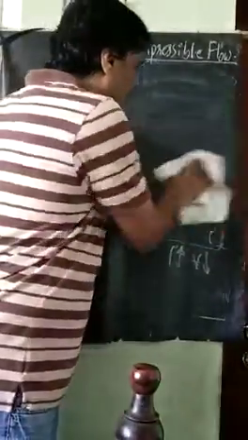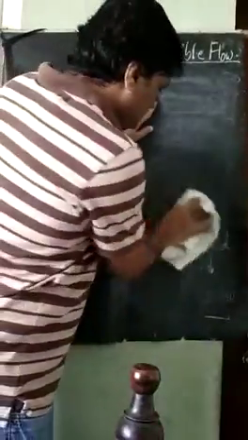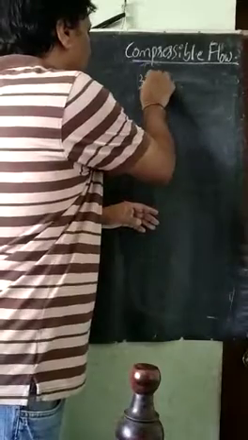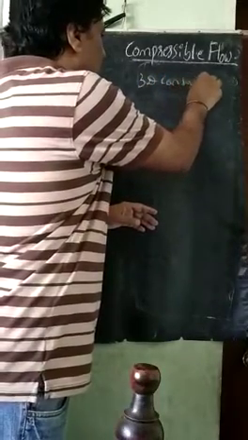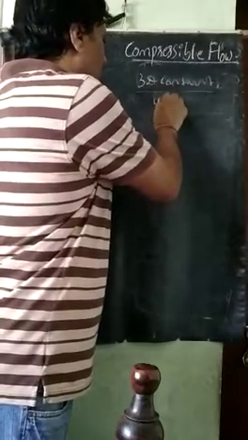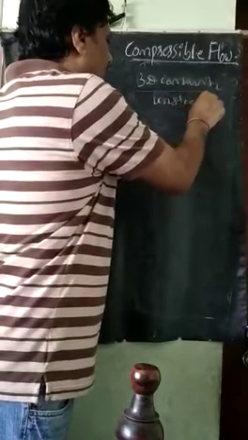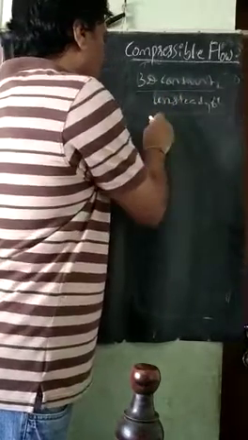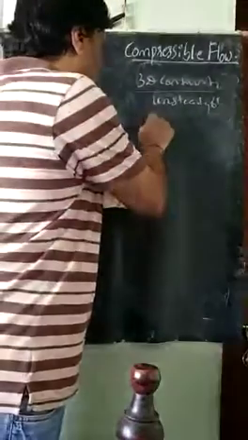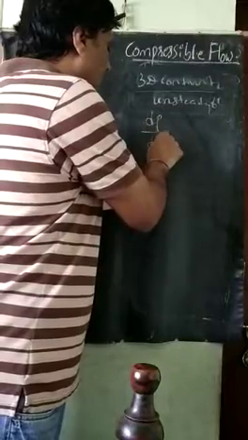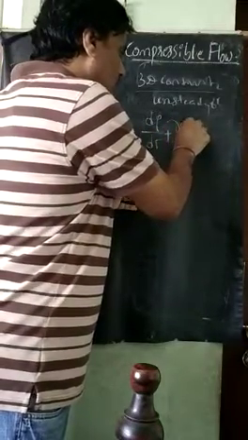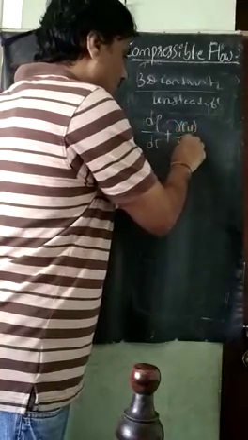If it is a 3D continuity equation, we can write it for unsteady flow. The unsteady flow continuity equation is d rho divided by dt plus dou rho u divided by dou x.